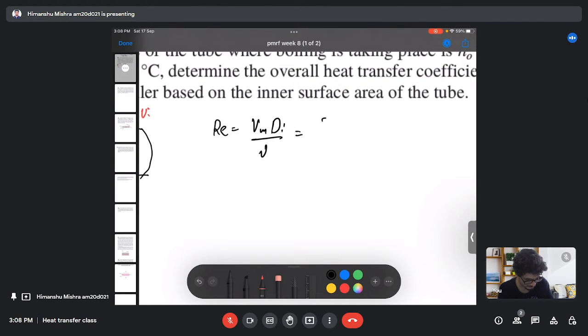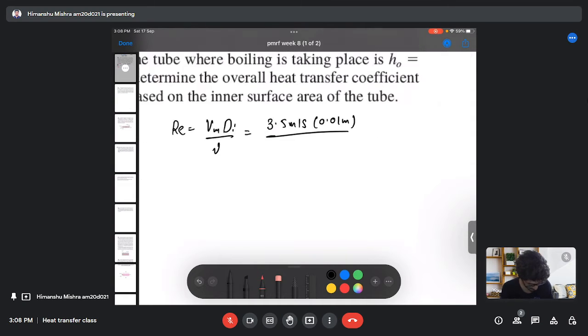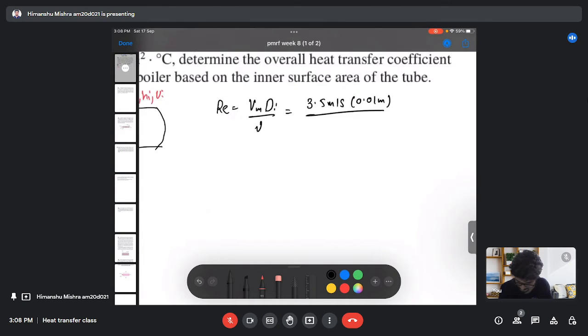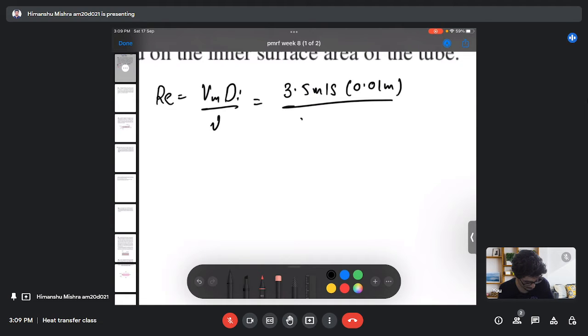The velocity is given as 3.5 meters per second, and the internal diameter is 0.01 meter, which is 1 centimeter. The kinematic viscosity of the flow is 0.2 × 10^-6 meters square per second.